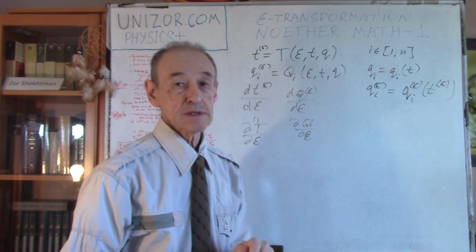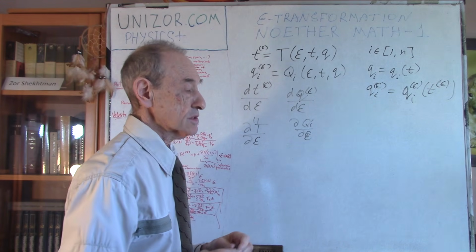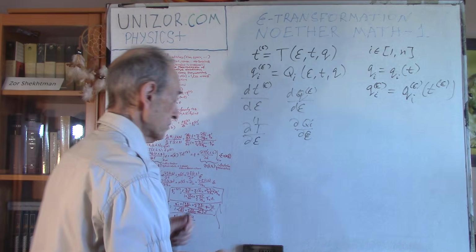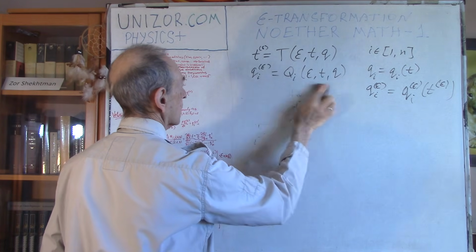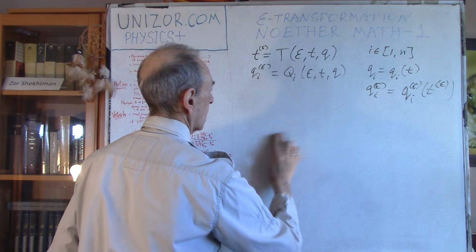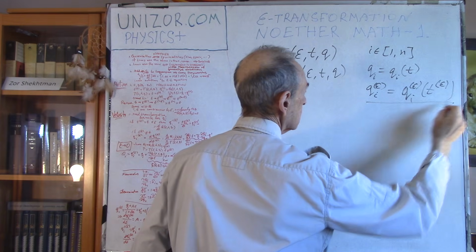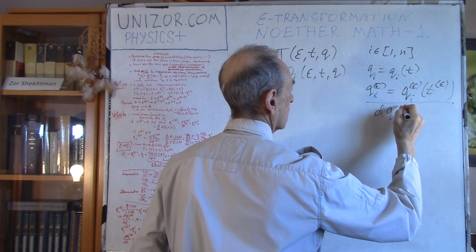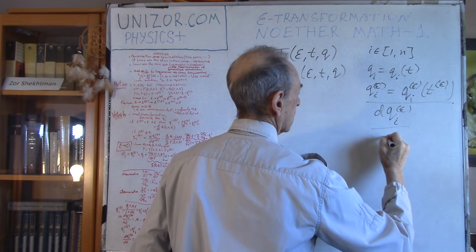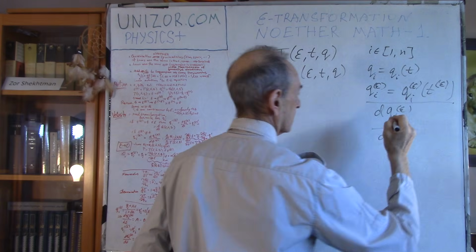The problem is velocity. Velocity is a problem because what is velocity? How is velocity changing? Velocity is dqi epsilon by dt epsilon.